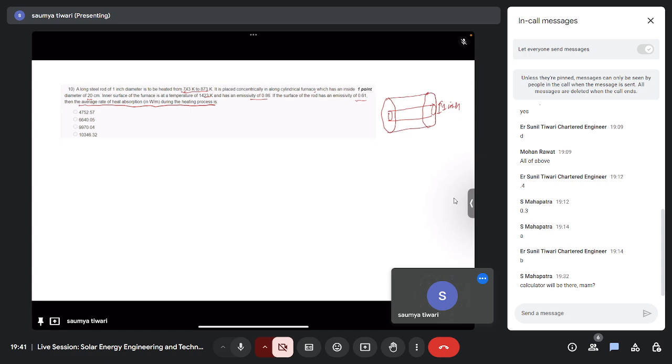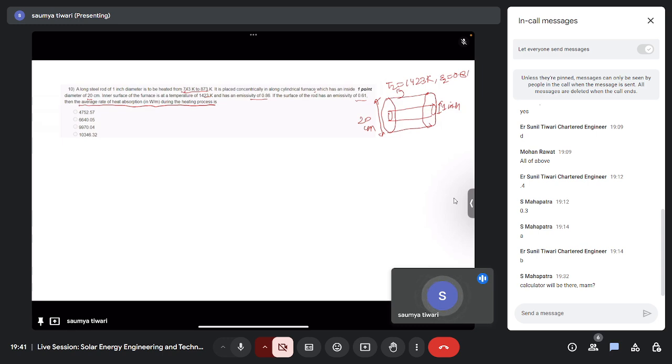This diameter is given as 20 centimeter. Now the inner surface temperature of the furnace is 1423 Kelvin, and emissivity is given as 0.86.